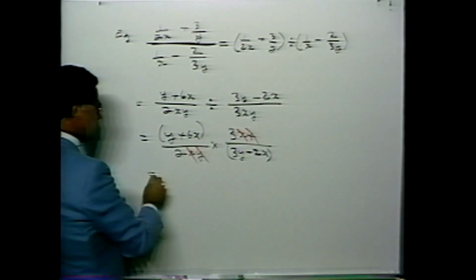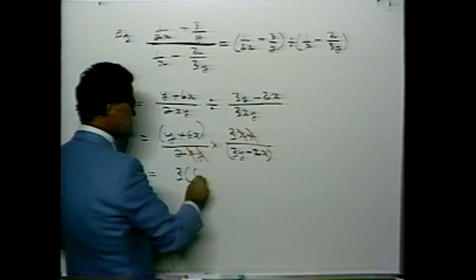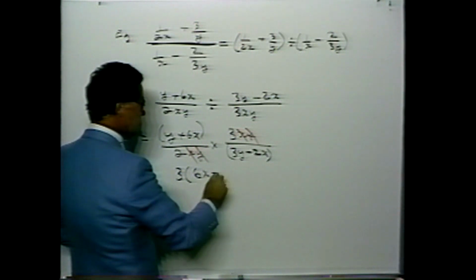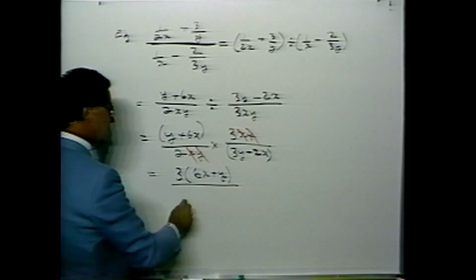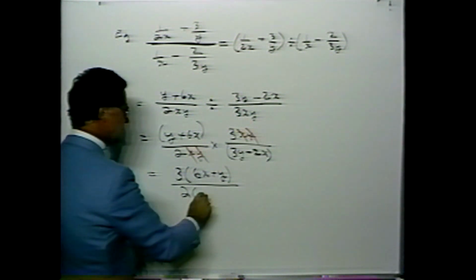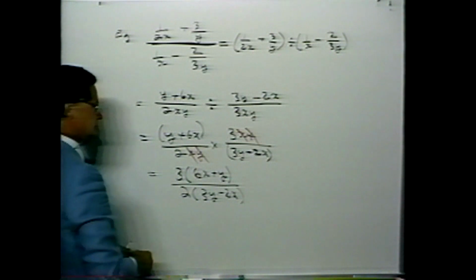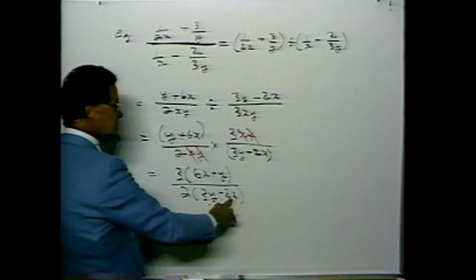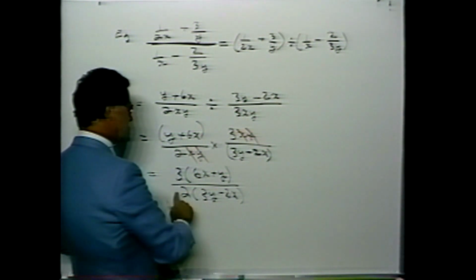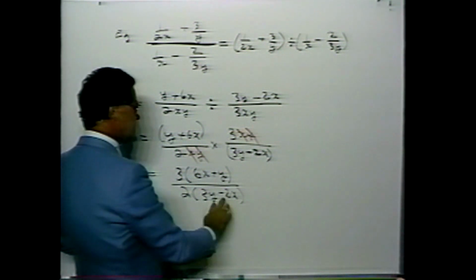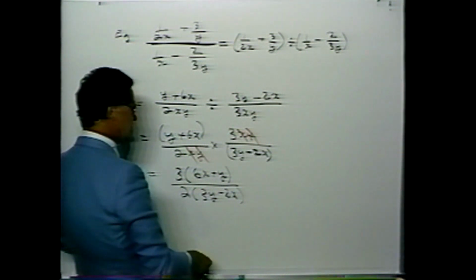The final answer is (3y plus 6x), but I will write that in alphabetical order, and in the denominator, we have 2 multiplied by (3y minus 2x). If you want this in alphabetical order, you'll have to put a minus sign in front to compensate for the change or switch in the terms.